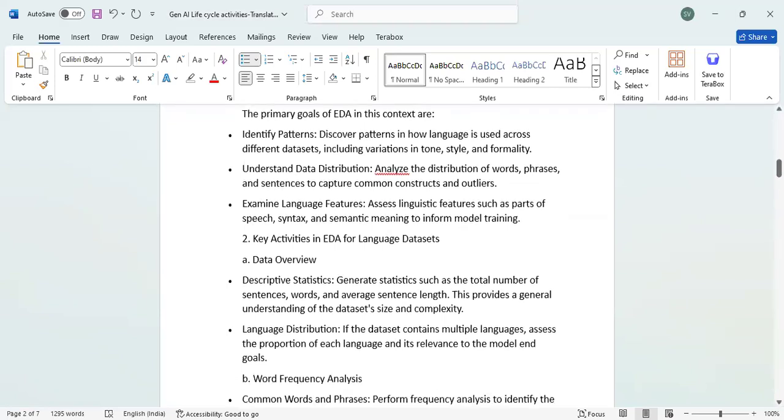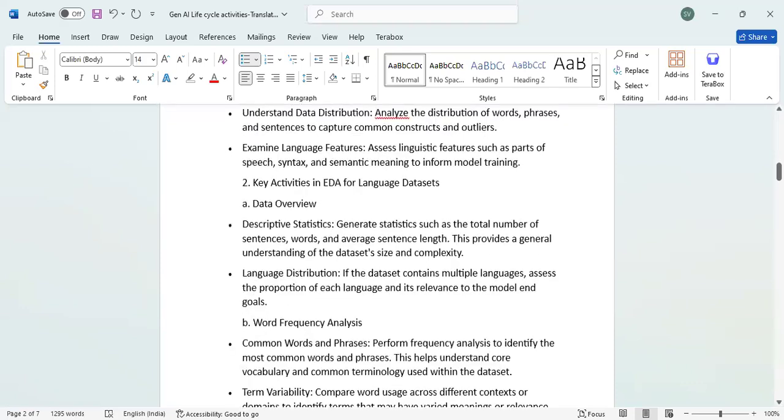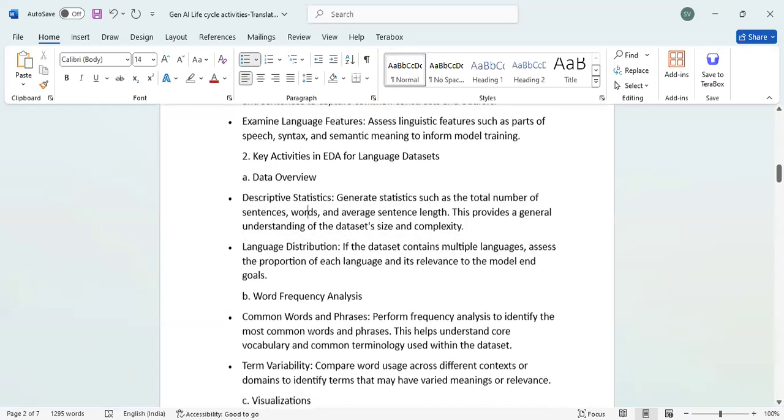The second one is key activities in EDA for language datasets. Data overview, descriptive statistics. It contains descriptive statistics such as total number of sentences, words, average sentence length. This provides a general understanding of the data set's size and complexity. It means document size is going to be measured with these sentences, words, and average sentence length.